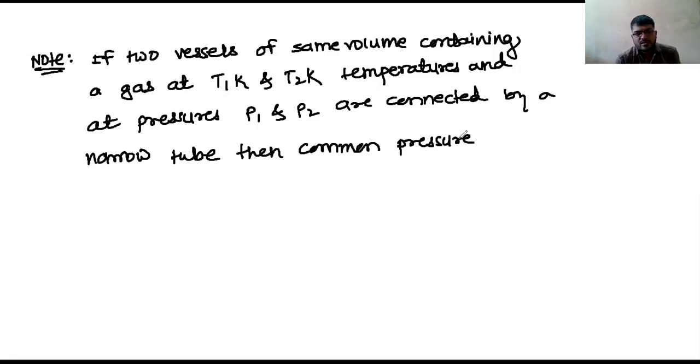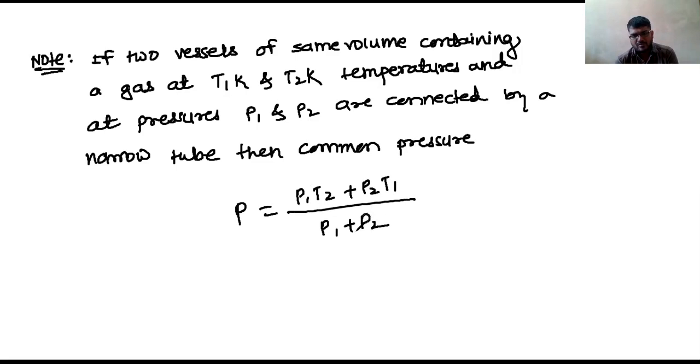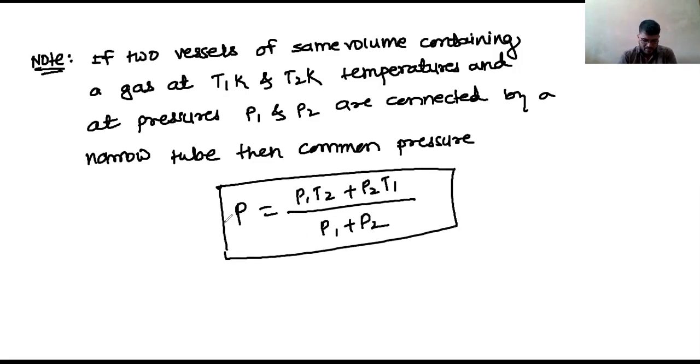So if two vessels of same volume containing a gas at T1 and T2 Kelvin temperatures and at pressures P1 and P2 are connected with a narrow tube, then common pressure P is equal to P1 T2 plus P2 T1, divided by P1 plus P2. Keep this formula in mind.